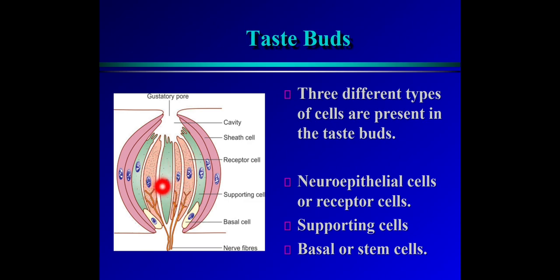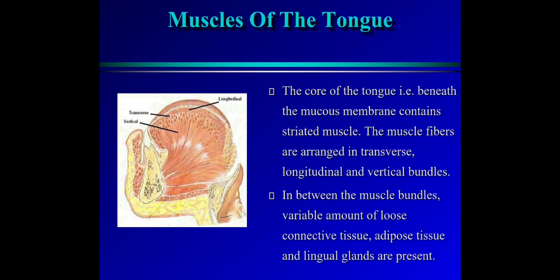Along with these two, the small yellowish cells are the basal cells or stem cells. These are totipotent cells. They may develop into the capsule cells, the receptor cells or the supporting cells. So this is the structure of the taste bud.